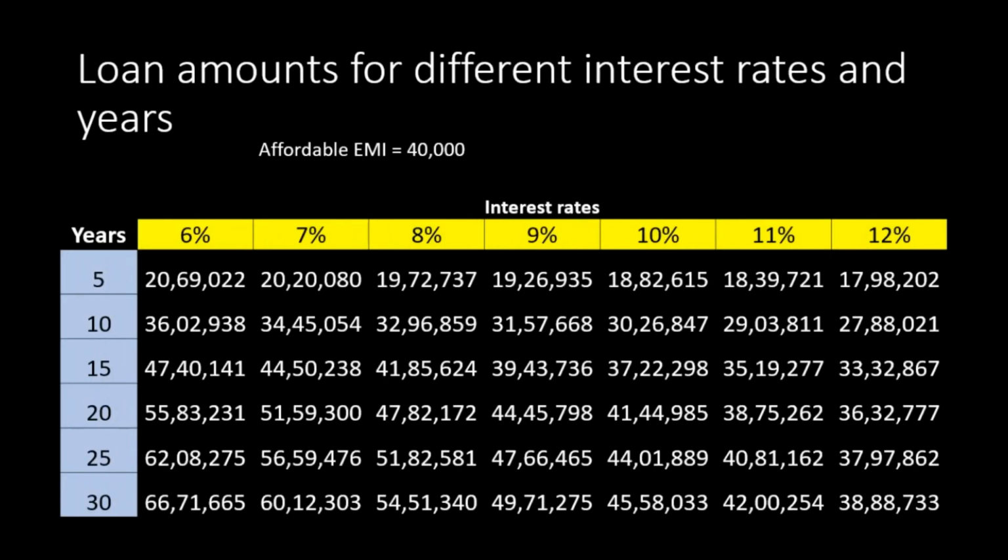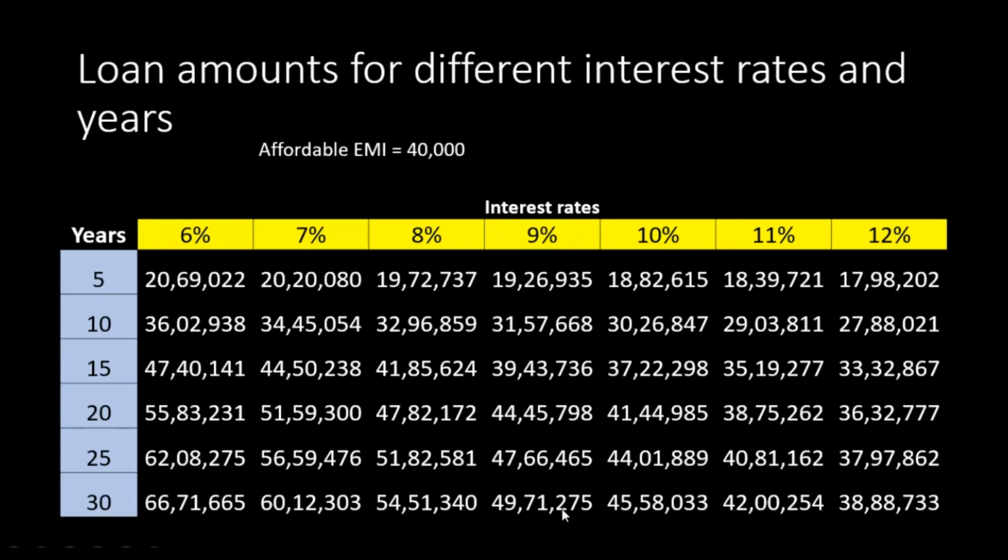Likewise, if the affordable EMI is fixed at 40,000 rupees and the interest rates vary between 6% to say 12%, and for the same number of years of 5 years to 30 years, the loan amounts are given in this table. As you can see here, as the interest rates increase, for a given number of years, the loan amount starts decreasing, or for a given interest rate, the loan amount keeps increasing with the number of years.